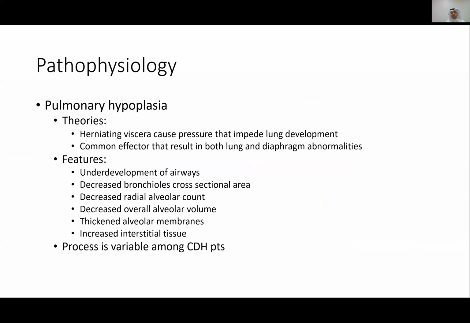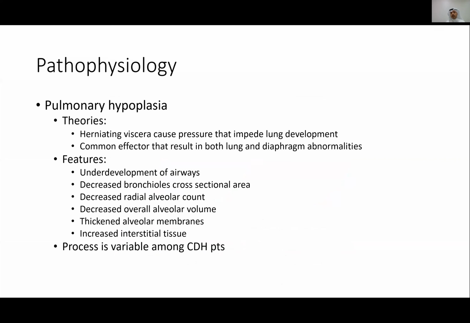Another thing that can happen with CDH, importantly, is pulmonary hypoplasia. And the question is, why does that happen? There are theories that try to explain it. The pulmonary hypoplasia is probably related to the herniating viscera causing pressure that impedes lung development.